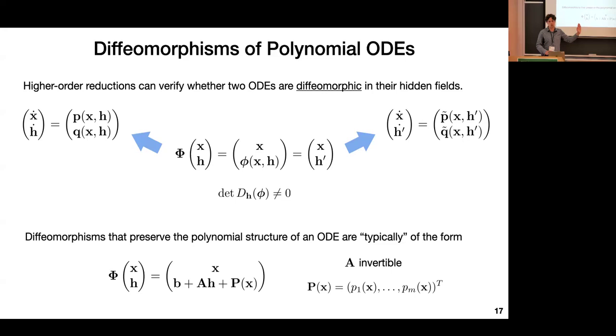It takes the observed coordinates x to themselves, and it takes the hidden coordinates through this type of a linear mapping plus a polynomial transformation of the observed coordinates. So you can check that any such diffeomorphism will get you to another polynomial dynamical system. But of course, not all diffeomorphisms will be of this form. There's actually a much larger class of diffeomorphisms that take polynomial ODEs to polynomial ODEs. This is just one of the classes.